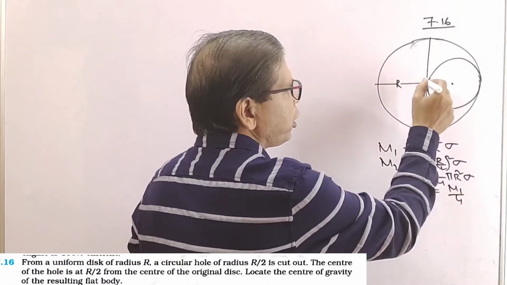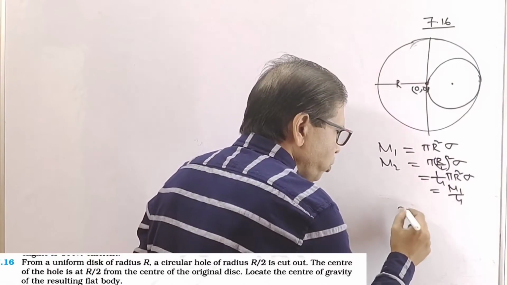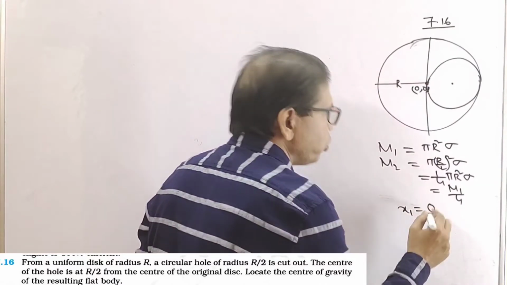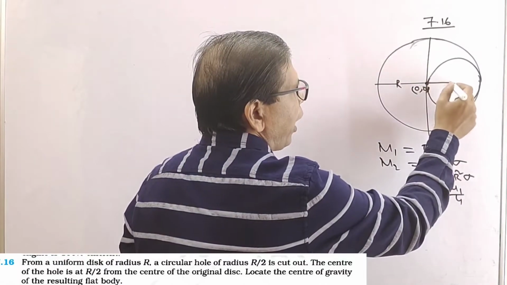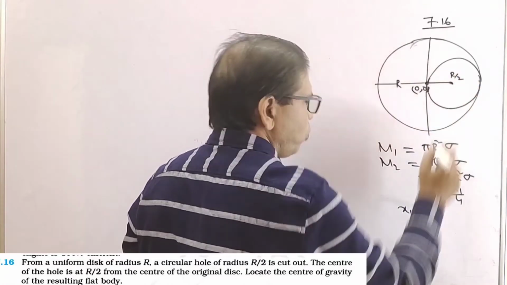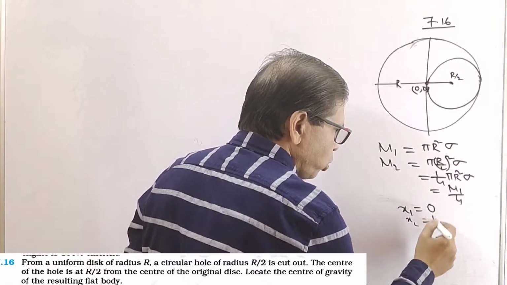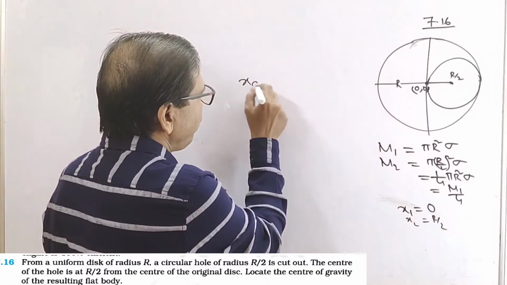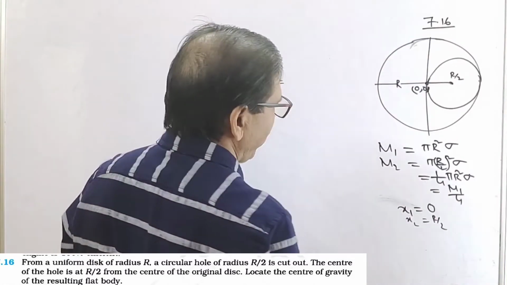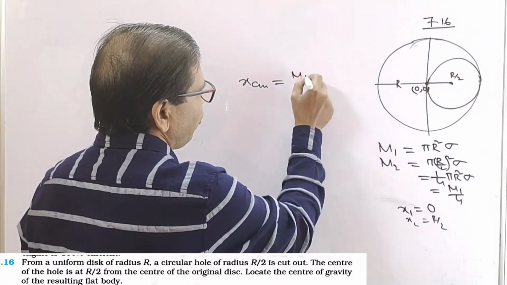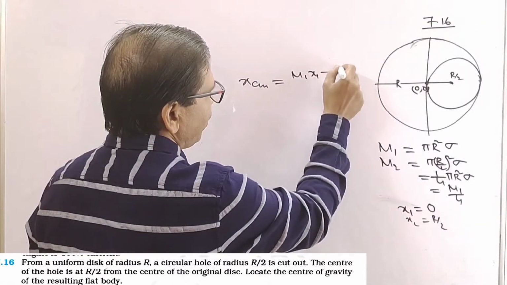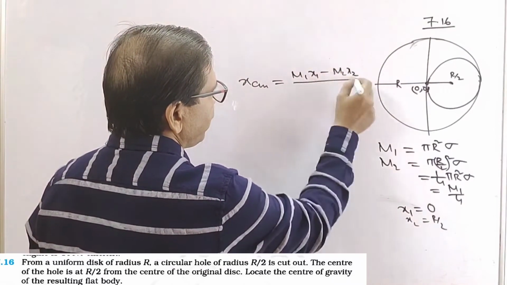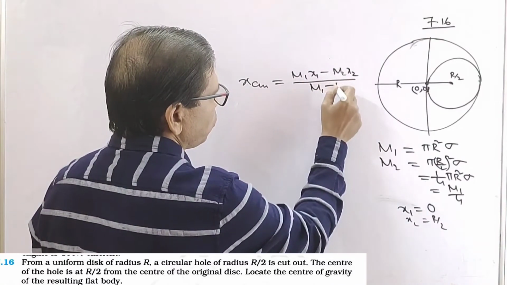Now suppose this is the origin. So cm of the whole portion x1 is equal to 0. The cm of the cut portion is obviously R by 2, so x2 equals R by 2. Now the center of mass of the remaining portion is m1 x1 minus m2 x2 divided by m1 minus m2.